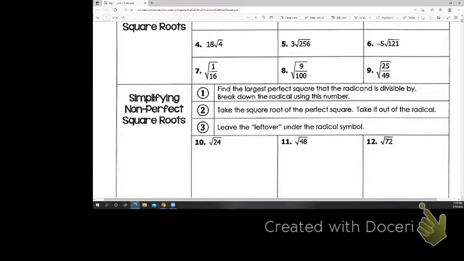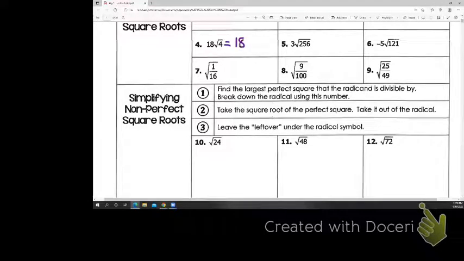But you see some things start happening here with number 4. If there is something on the outside, we're going to simplify the radical, and then we multiply it times what's on the outside. So the square root of 4 is 2.